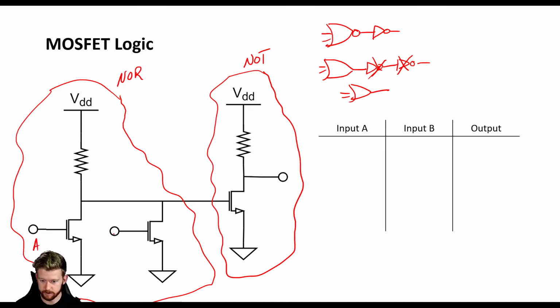Okay, so this is what we're predicting for it to end up being, but let's still step through it and make sure that we're not crazy. Okay, so we have A, B, and our output. So if A is 0 and B is 0, these are both going to conduct current, so that means that this point here is going to be 0. And if we have 0 here, no current flows, so that means our VDD appears on our output, so we get a 1. Wait, that's not exactly correct.